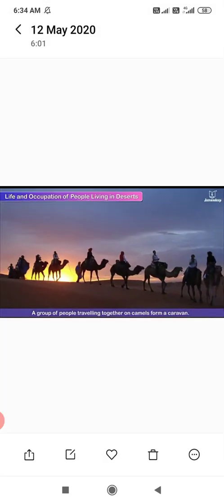And a group of people traveling together on camels form a caravan.